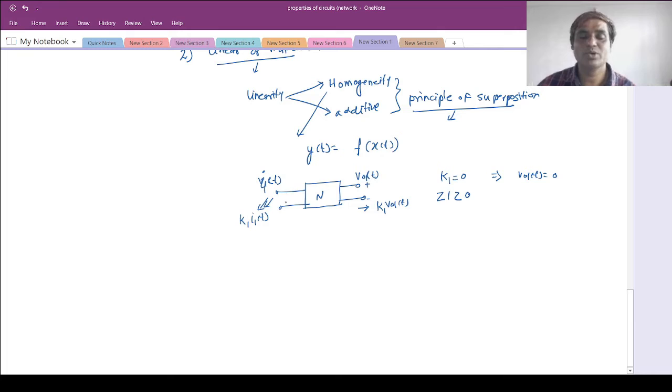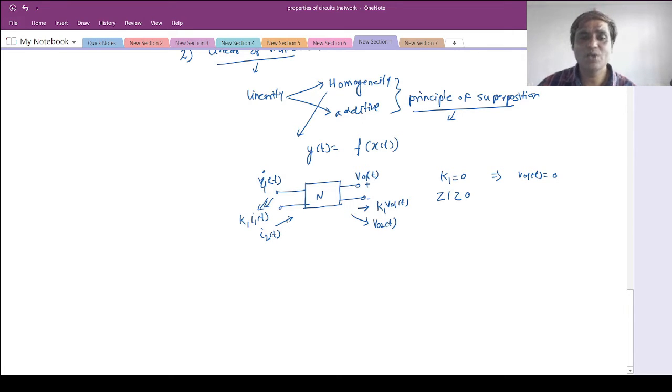Now what about additivity? Suppose one excitation I have given as I1 of t to the network, and the response I got is VO1 of t. Now a second excitation I have given as I2 of t, and from it I got the response VO2 of t.